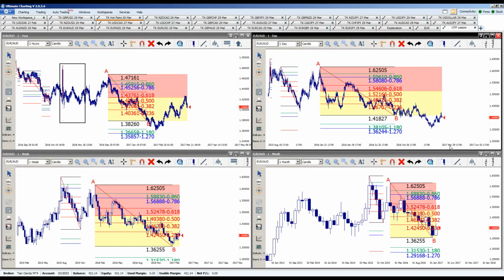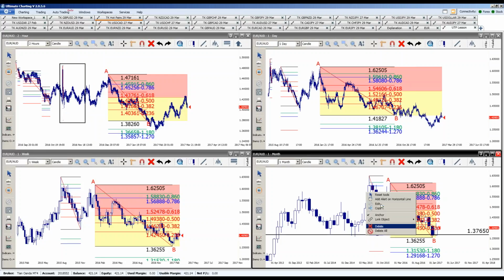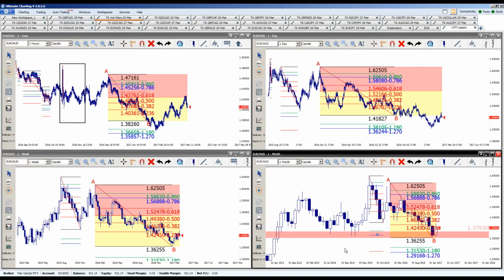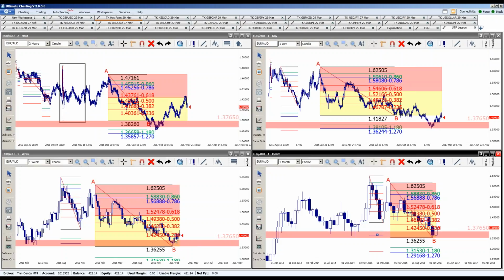This would be the monthly D. There we go, monthly hit the D extension over there. And if I link that, you can see it hit the D extension on the weekly, hit the D extension on the daily, and also hit the D extension on the 2-hour.